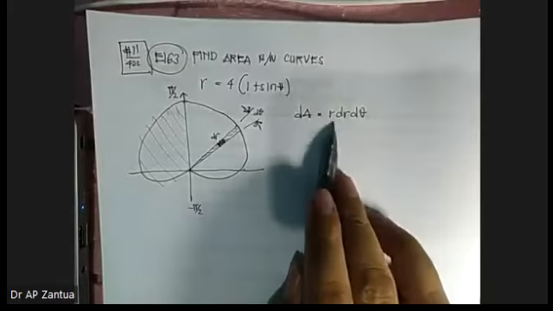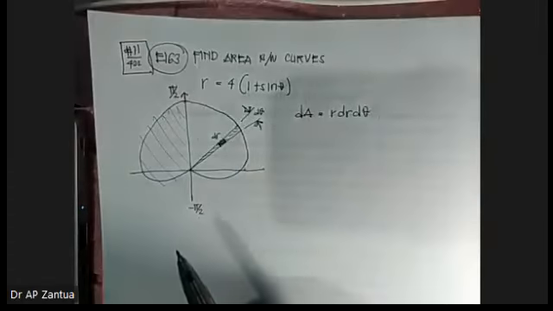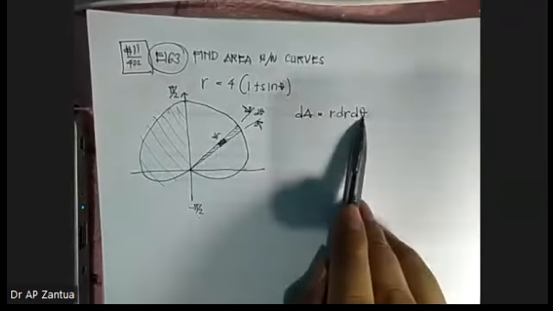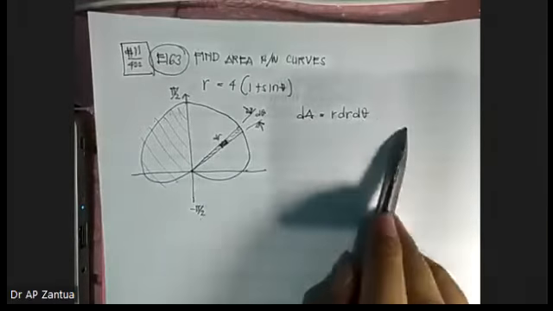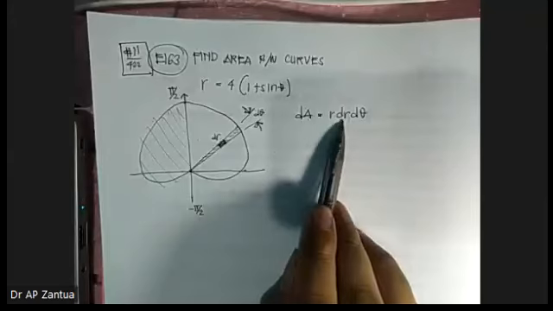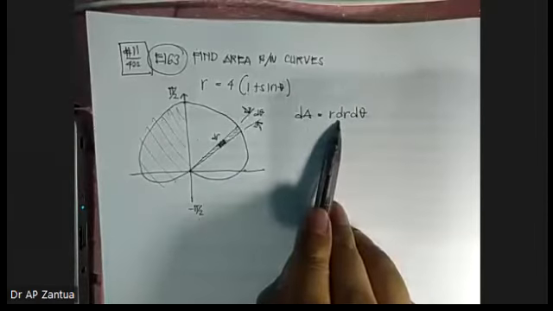Why not r d theta dr? Because I have said dr is interior, d theta is exterior. So exterior is outside, no? Outside. dr is inner. That's why I wrote it down like this. This is the correct way to write it down.